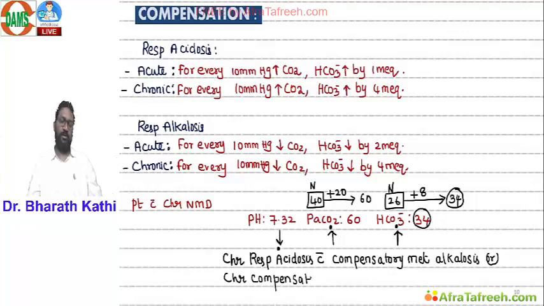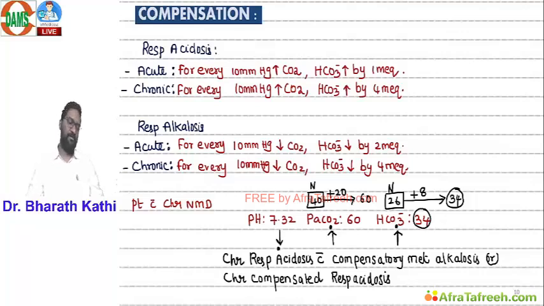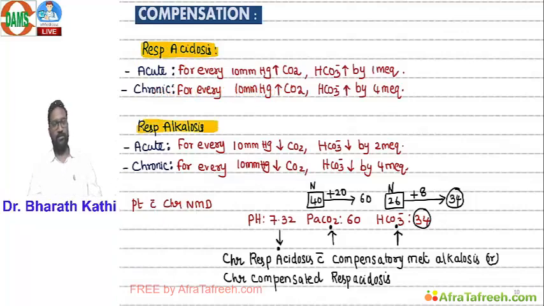Whenever you want to write one process, you should always mention the primary disorder. The complete name is chronic respiratory acidosis with compensatory metabolic alkalosis, or in simple words, chronic compensated respiratory acidosis. This is how you should calculate compensation for a primary respiratory disorder.